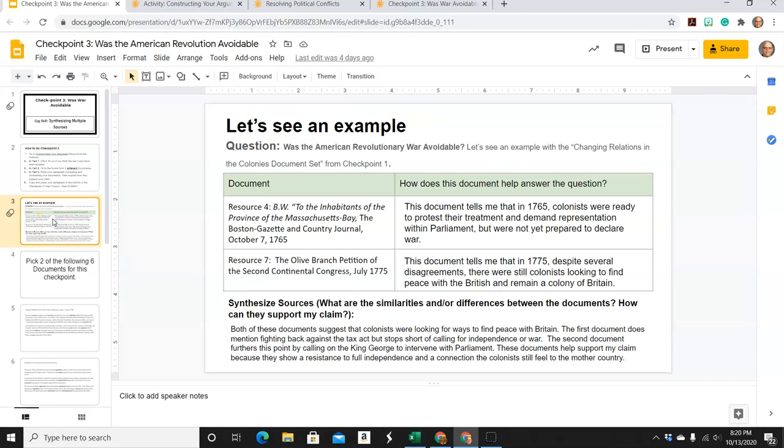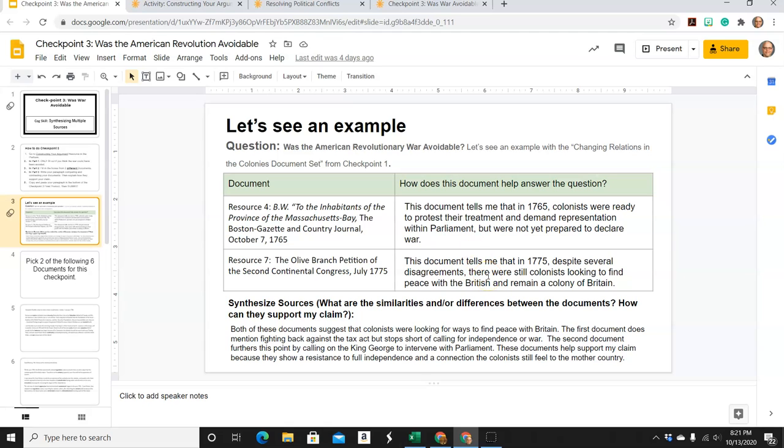Here is a really wonderful example. You have 2 documents, the document by BW and the Olive Branch petition by the Second Continental Congress. This person says, how does this document help answer the question? This document tells me that in 1765 colonists were ready to protest their treatment and demand representation within Parliament, but were not prepared to declare war.